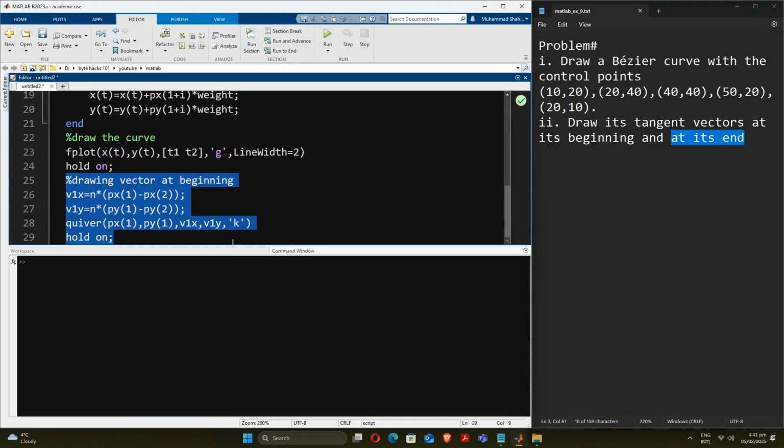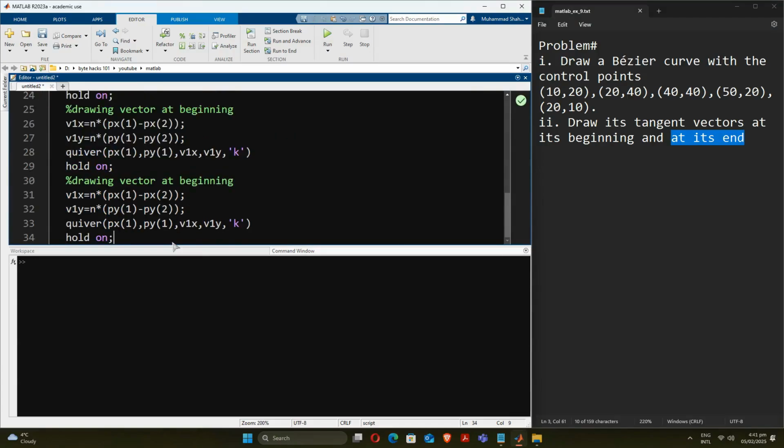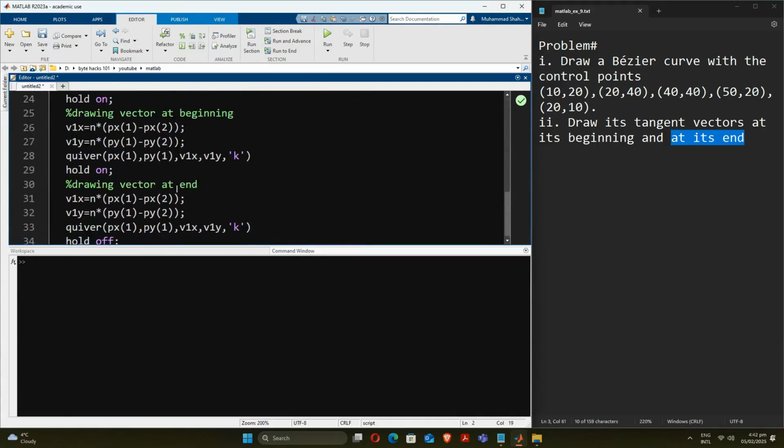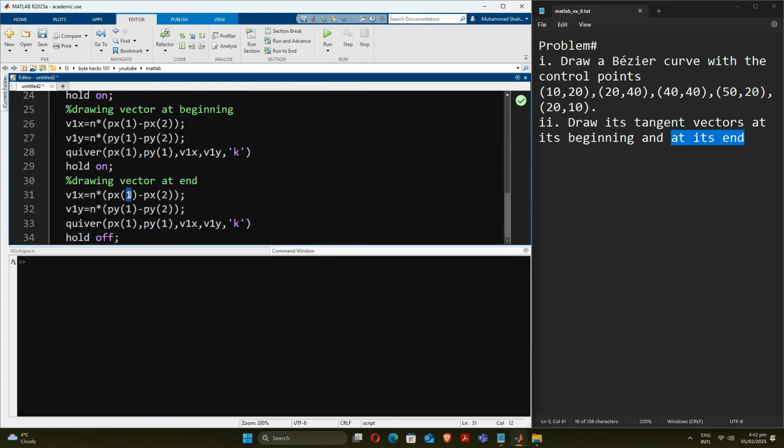For this, we will just need to copy this segment of code, and we will make hold off here because our question is already completed. And for the last point, we need to subtract it from the neighboring coordinate. The last control point is 5, so we'll subtract it from 4, px5 minus px4, and same for py5 minus py4.